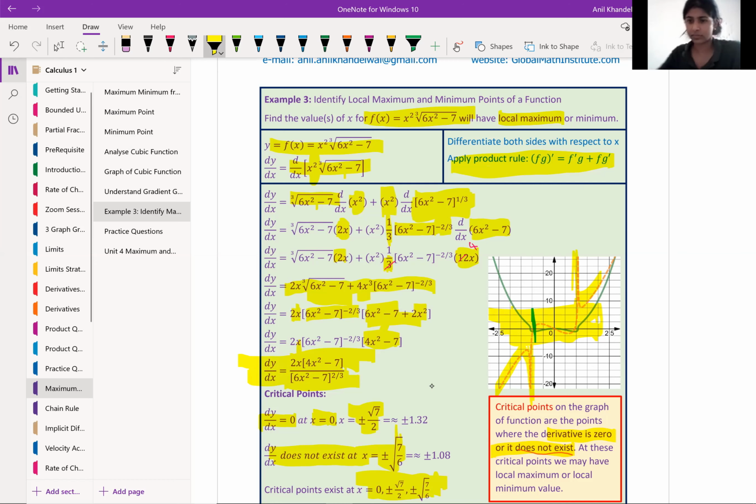Identify negative and positive regions for your gradient, and then you will exactly know which corresponds to maximum and which corresponds to minimum. Once you identify, plug in the value of x and find the value of y. So you will know the local maximum and local minimum points for this function. You get the idea, makes sense? So that is your homework.